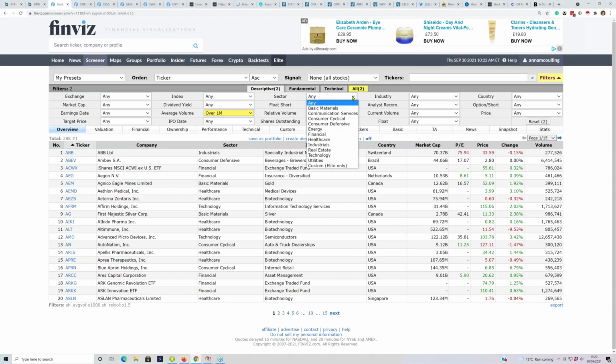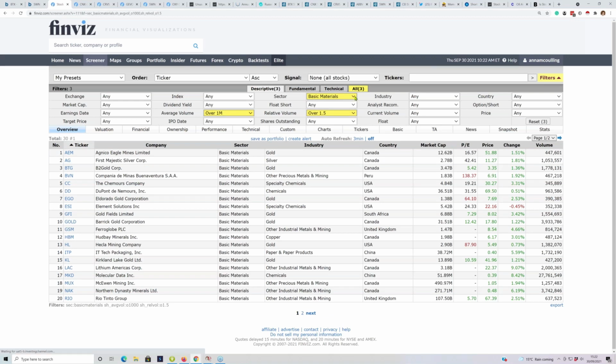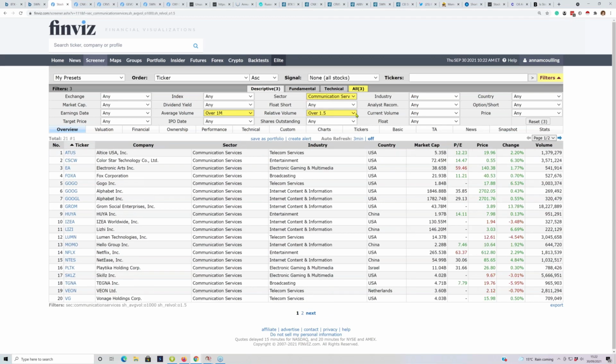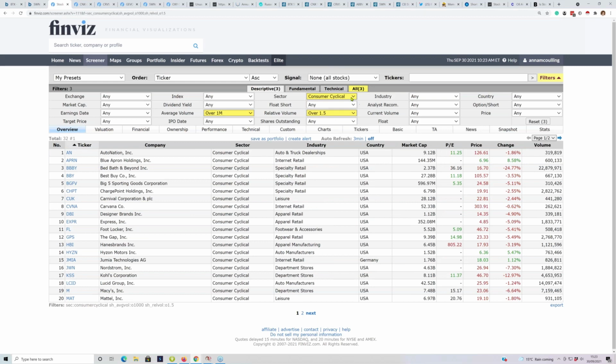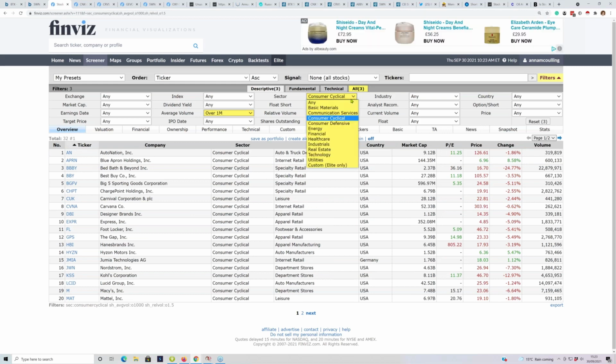Now, the other advantage of this is that we've got 15 odd pages of this, and if you just quickly go through, you can see of the ones that have been pulled up which sector seems to be throwing up more candidates, if you like.